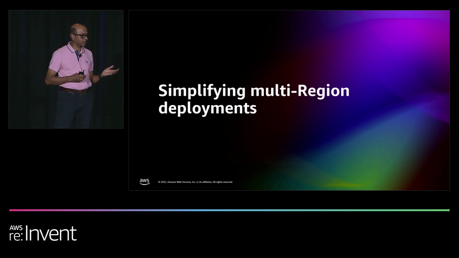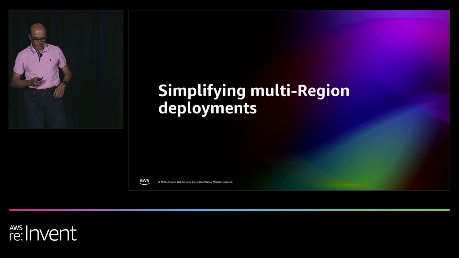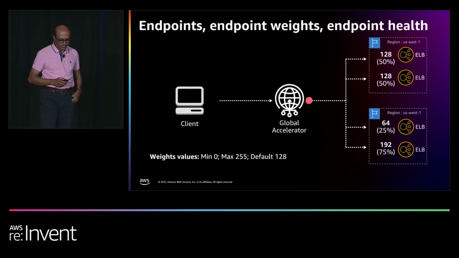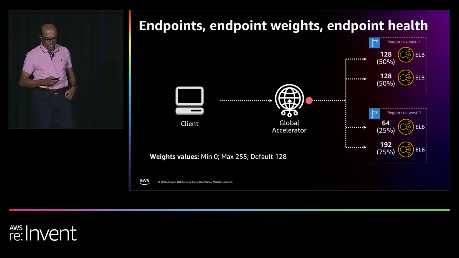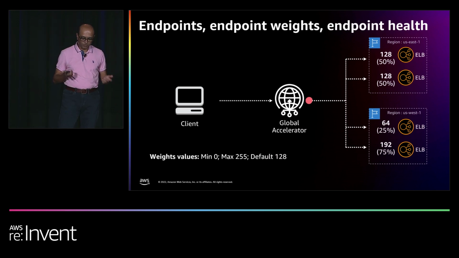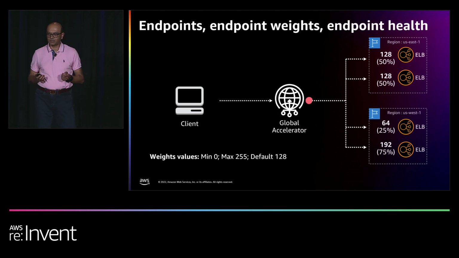So Global Accelerator offers several important capabilities that you could use to simplify the rollout of such multi-region architectures with ease. For example, let us say you want to roll out application changes in a blue-green deployment or perform A/B testing, a pretty common scenario, right? So Global Accelerator offers weighted endpoints that can help you roll out such application changes.